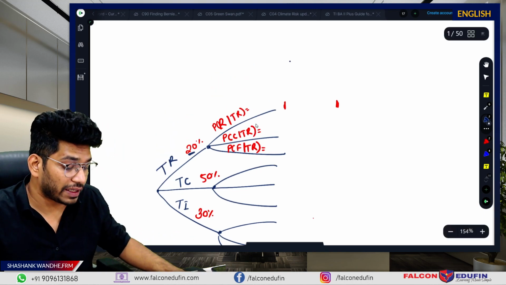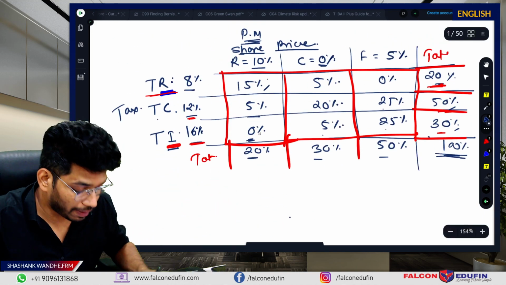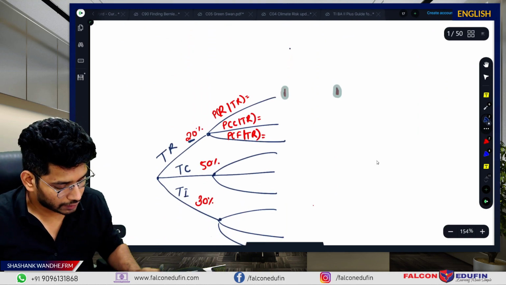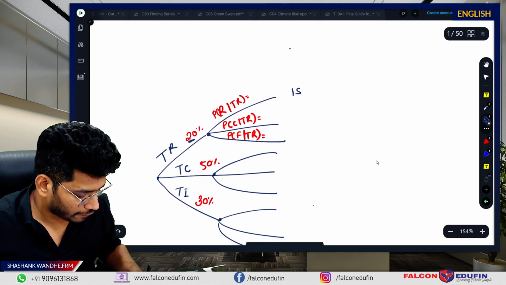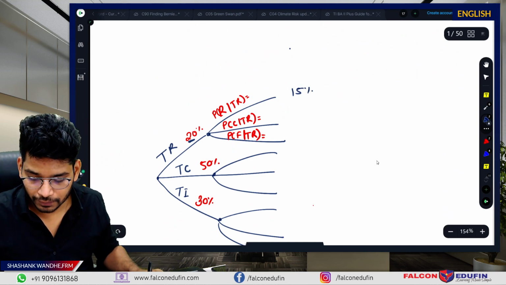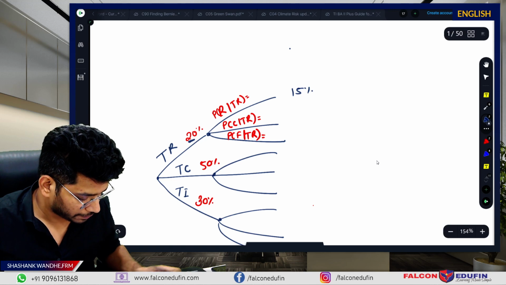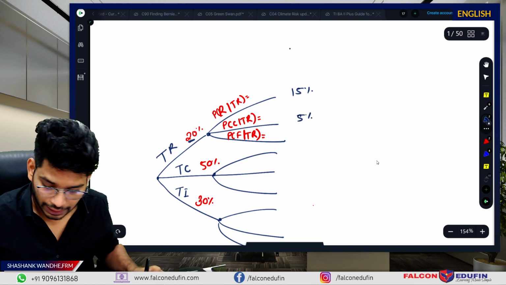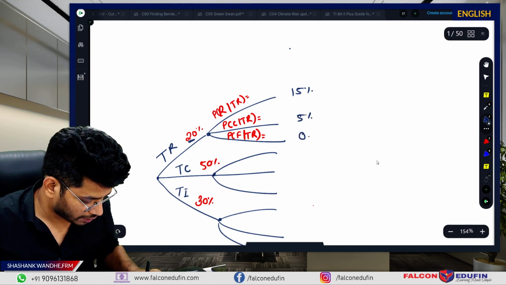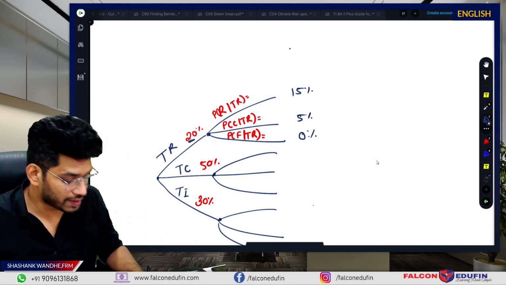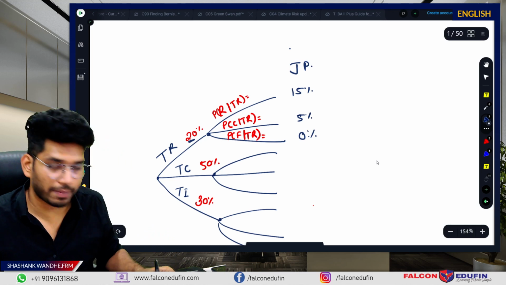Always remember, the probability matrix provides the joint probability, which is 15%, then 5%, and then 0%. This is a joint probability.